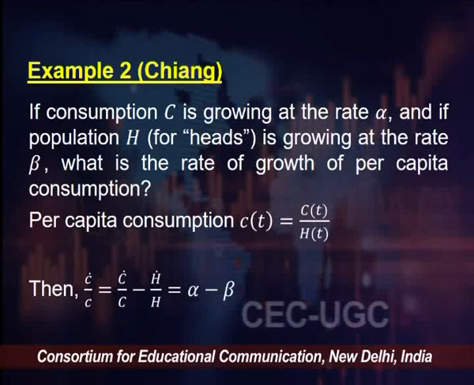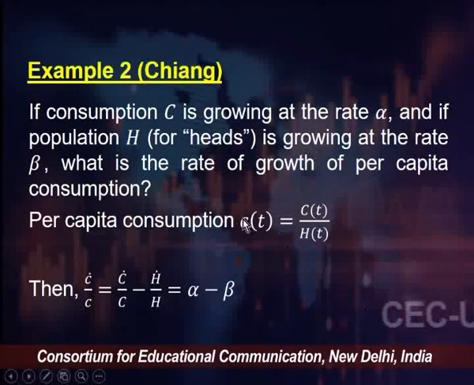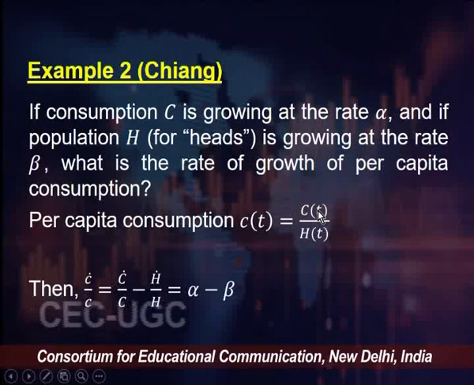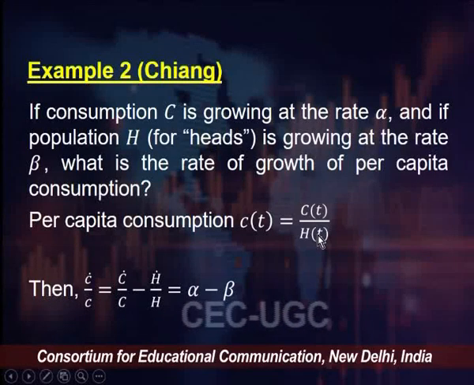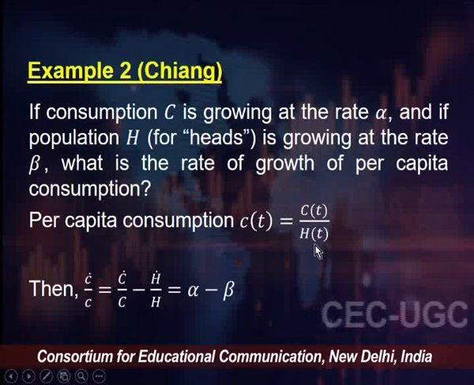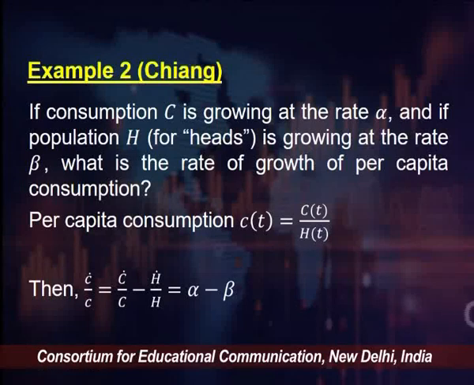Now, you would know that per capita consumption, let's denote it by lowercase c of t, is defined as the total consumption, capital C, divided by the number of heads that we have. That is our definition for per capita consumption.